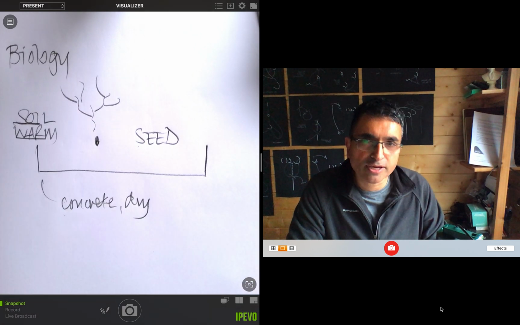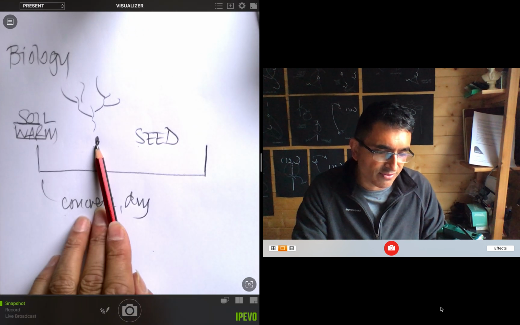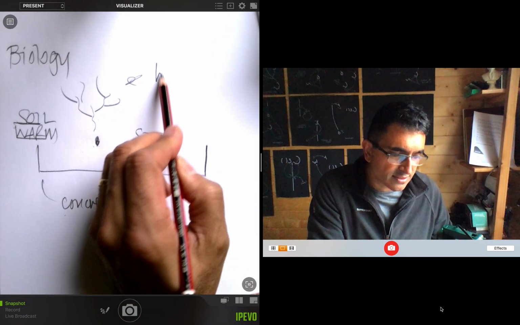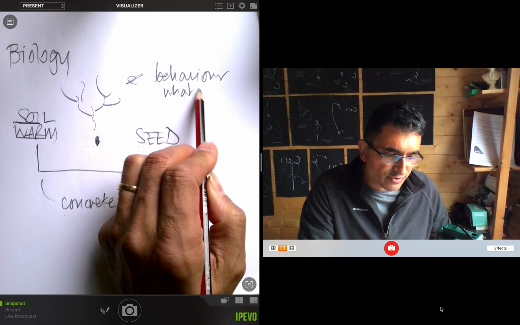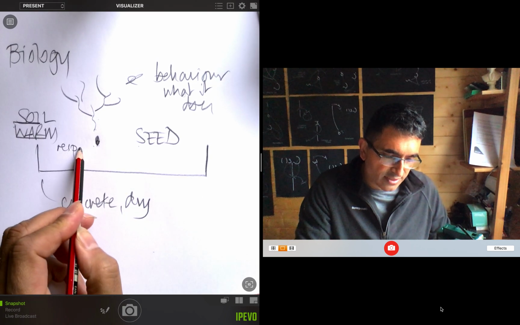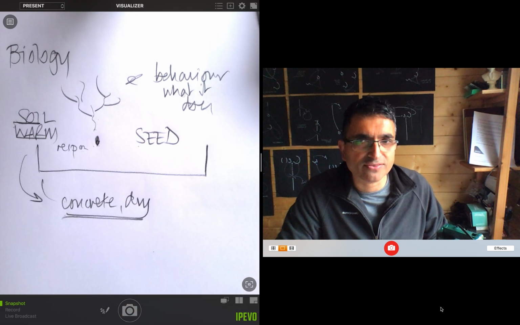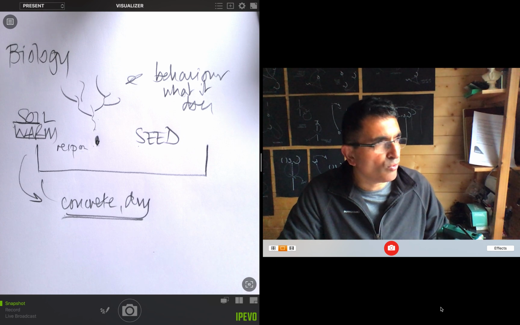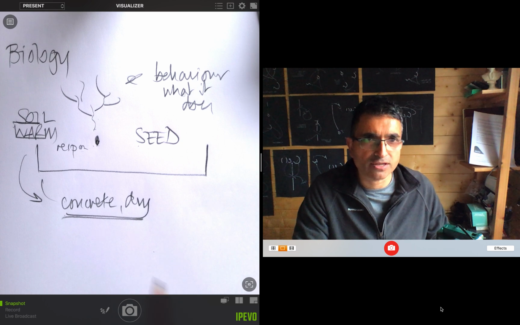Same concept appears. A seed, which we want to understand, we understand its behavior to turn into a plant, right? So that's its behavior. That's what it does, as a response, always, to its conditions. If you put a seed on a piece of concrete, it doesn't do anything. But if you put it in soil with moisture and warmth over a period of time, you will see that it grows into a plant of some kind.